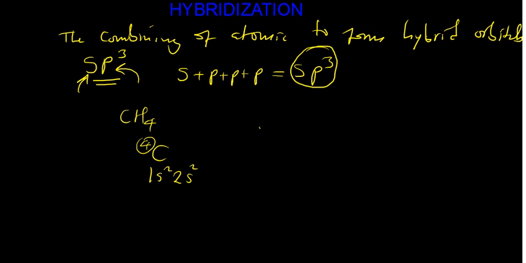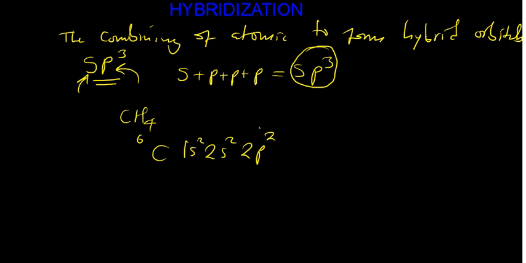We are not talking about only the outermost shell, we are talking about the atomic number to write the electron configuration. Carbon has 6 as the atomic number, so the electron configuration is 1s2, 2s2, and 2p2. That gives us 6.